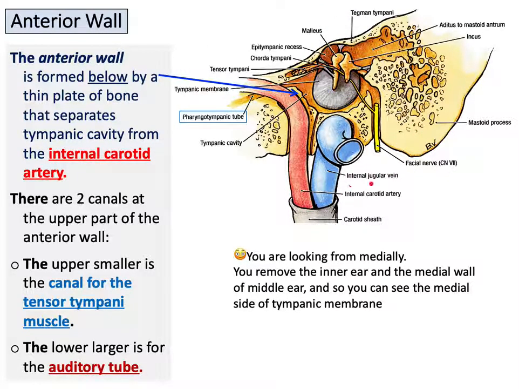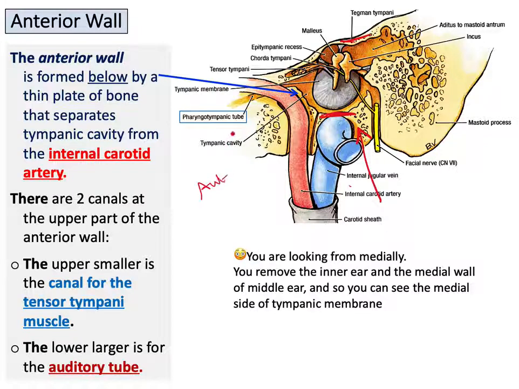So again, you remove the internal ear and you are looking from medially, I mean. So this is again the middle ear. So we finished the floor and of course the roof, and now we'll start with the anterior wall.